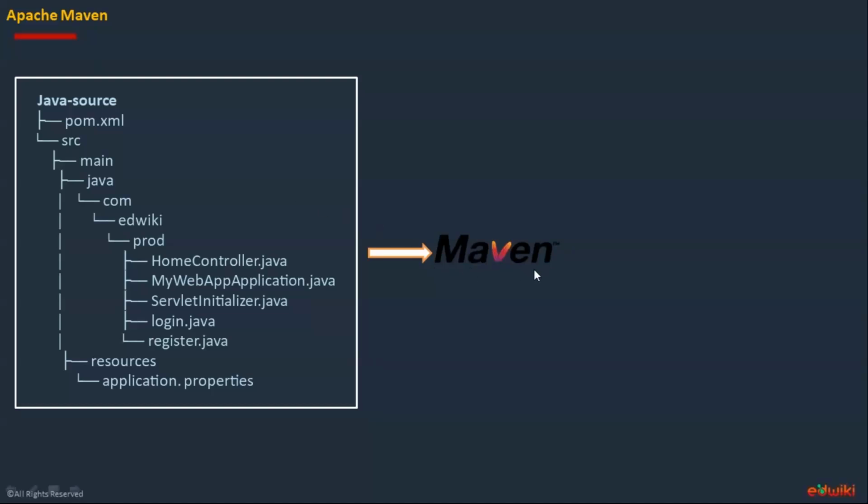Maven is the build tool, which is a very specialized tool to build only Java source, right? All the Java source code that you get from the developer will now be compiled and built, creating an artifact file for you.